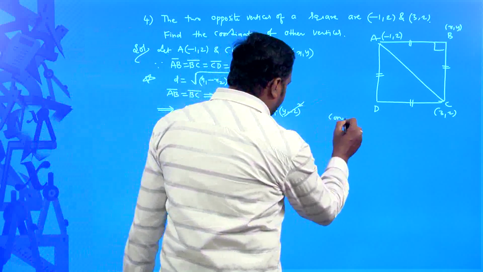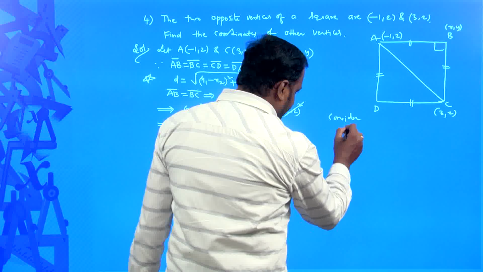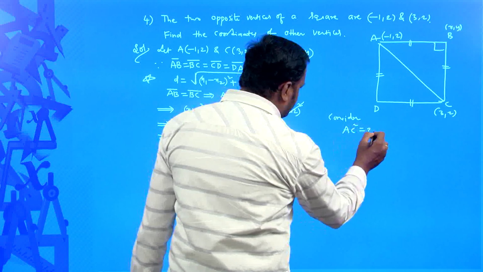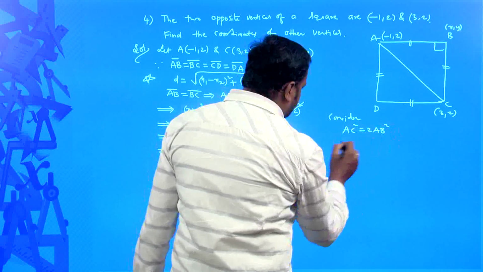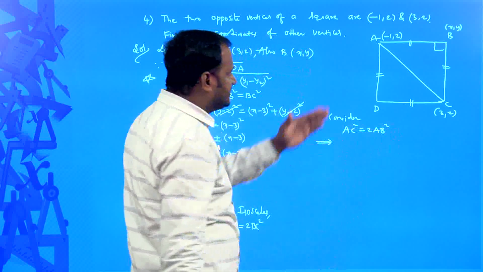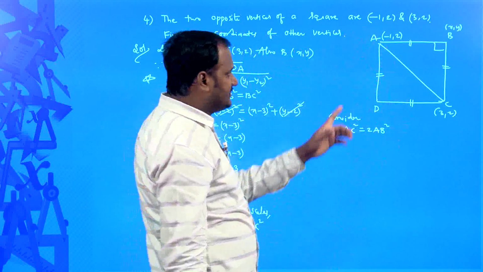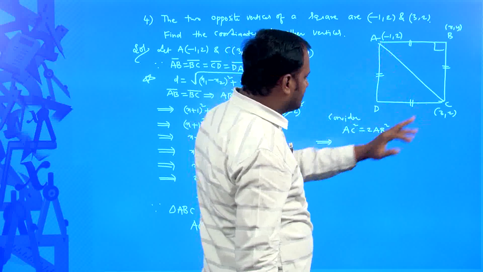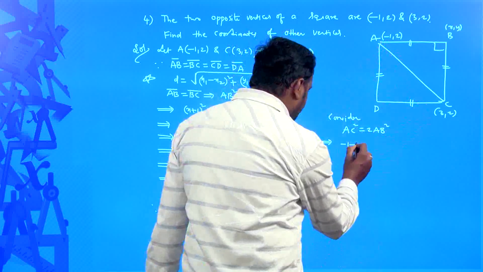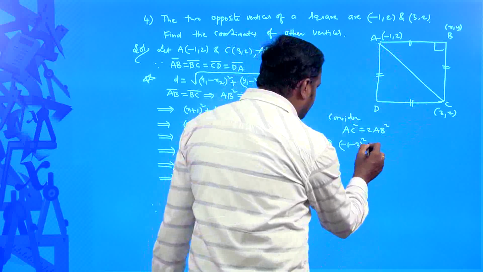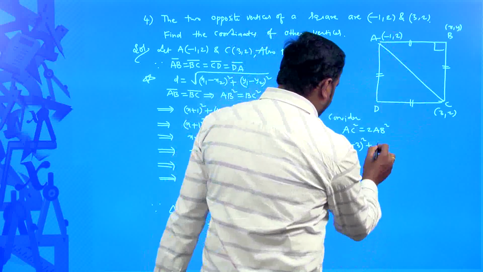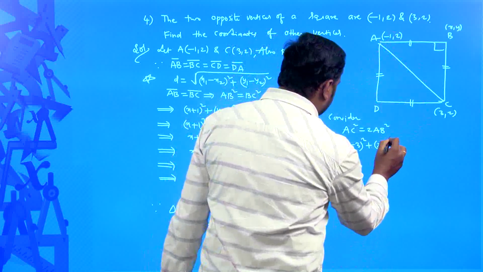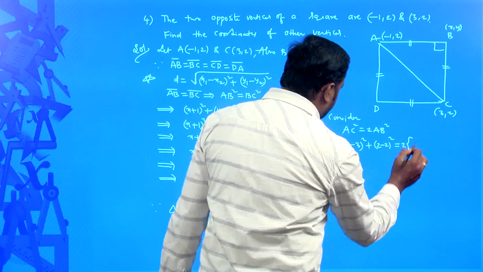Consider one of them: AC square is equal to 2AB square. AC square means the distance between AC whole square. What is the distance between AC? (Minus 1 minus 3) whole square plus (2 minus 2) whole square is equal to 2 times AB square.